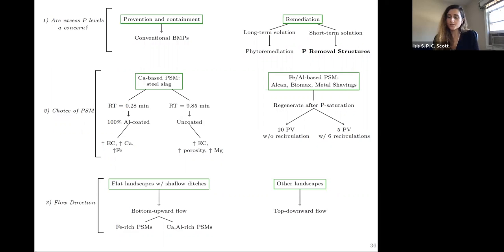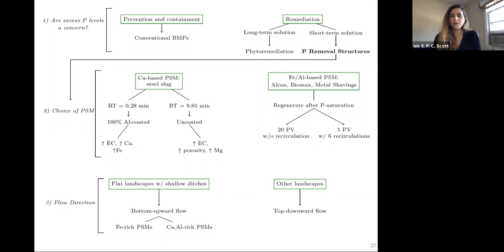have the remediation option. So for remediation, we have long-term solutions, and I'm showing you here an example that can be phytoremediation, or we have short-term solutions, which is phosphorus removal structure. It is a short-term solution because it will start working immediately as soon as it is installed in the field.